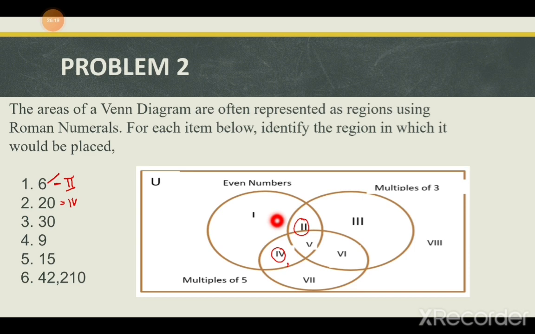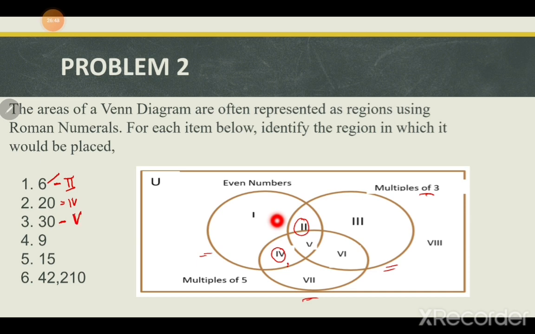So therefore, it is a multiple of 5. Next, your multiple of 3. 30 divided by 3 is equal to 10. Right? It is exactly divisible by 3. Therefore, I may say that your 30 is the intersection of all this diagram. Right? So therefore, I will classify it into your Roman numeral 5.